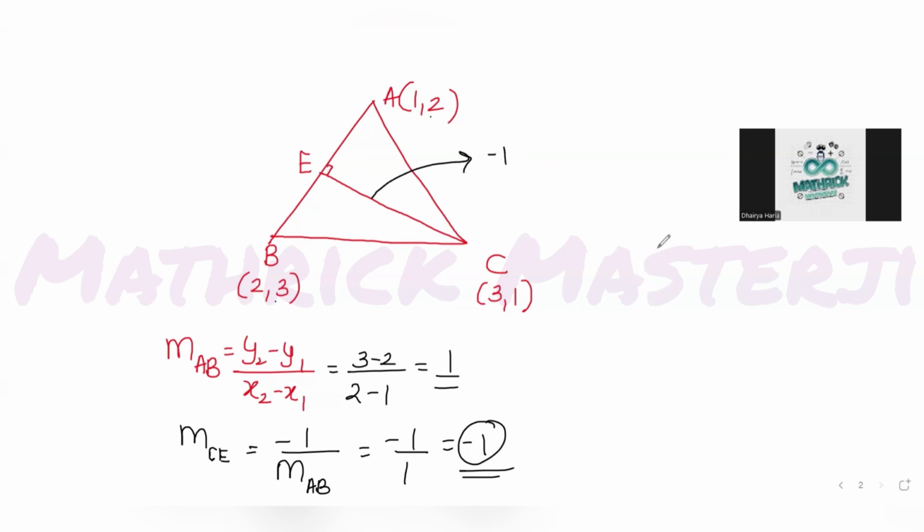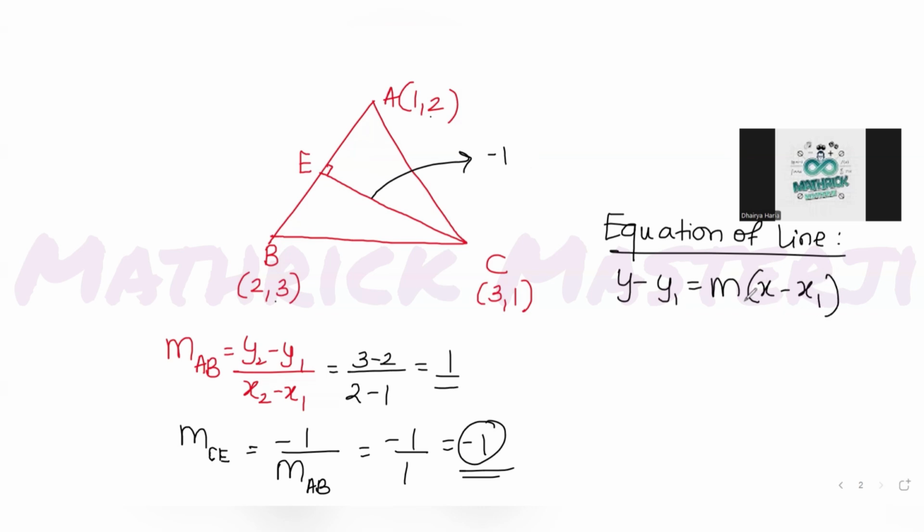Now let's find the equation of line CE. Using the slope-point form, y minus y1 equals m times (x minus x1), the slope is negative 1, x1 is 3 and y1 is 1.